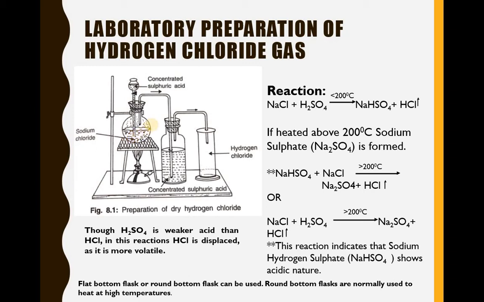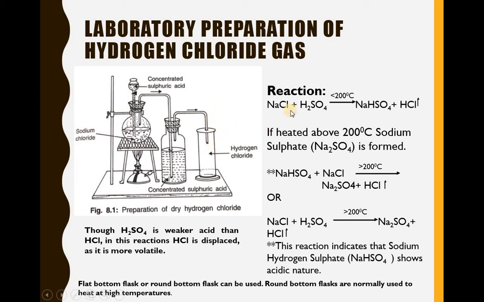This is also the washer bottle, there are some different diagrams in some other books also. So you can take the washer bottle containing concentrated sulfuric acid, and then it is collected by upward displacement of air in a gas jar. So this is the gas jar, the hydrochloric acid gas is coming this way, so air is going this way, upward direction. So it is collected by upward displacement of air.